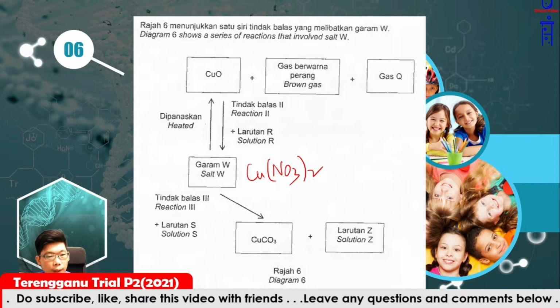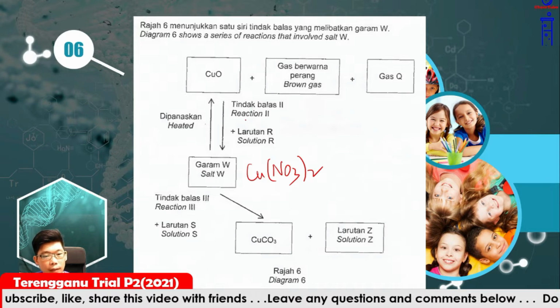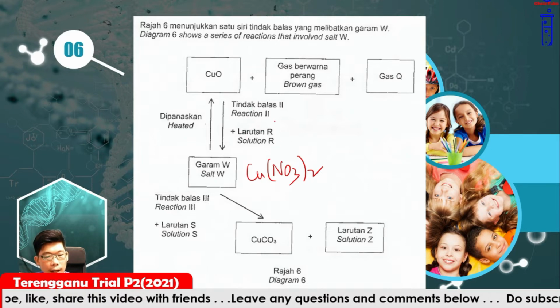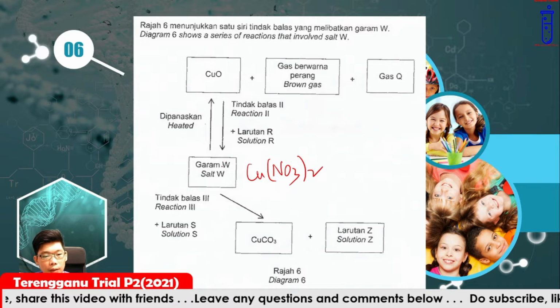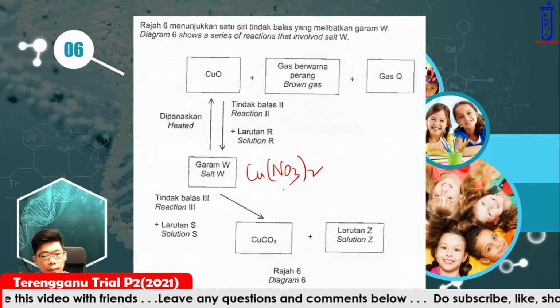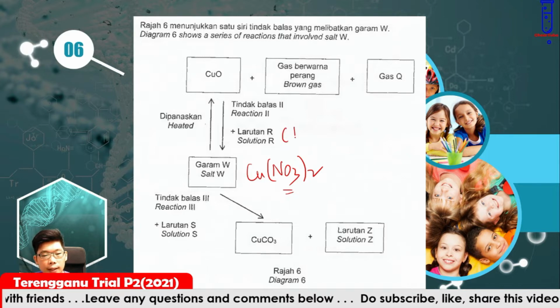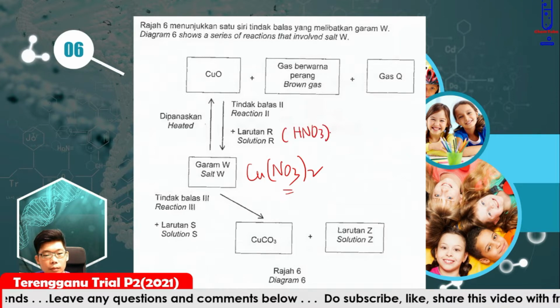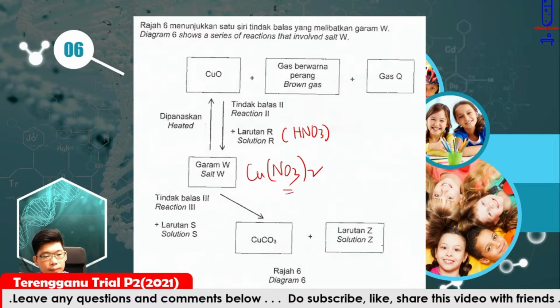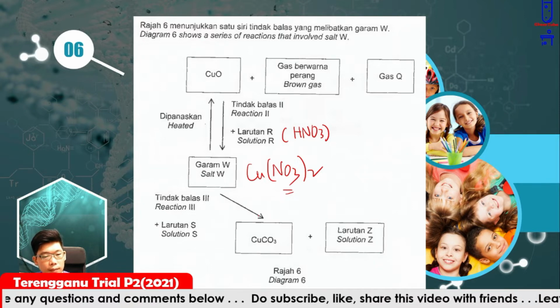And then when the copper(II) oxide reacts with the solution R, you will form the salt W. So salt W is nitrate, meaning that it needs to react with the acid, nitric acid. Next, reaction 3.